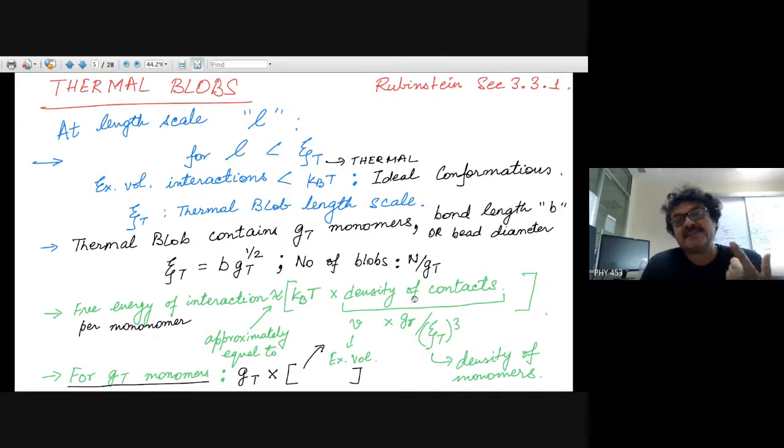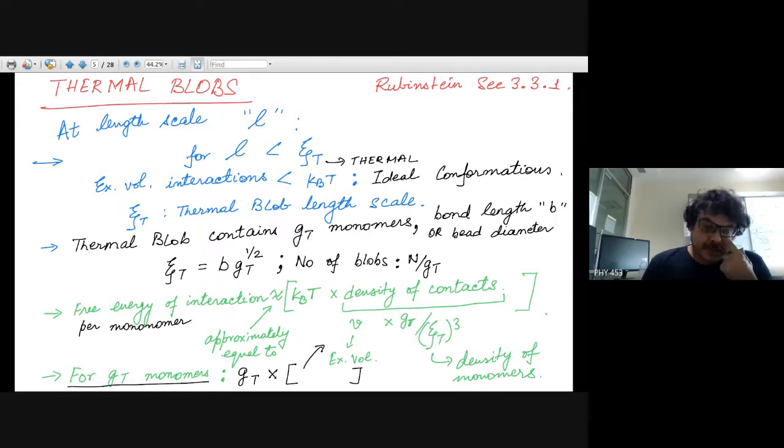That's equal to the density of contacts. If the contact density is very low, where there's a very low probability of two monomers coming in contact with each other, then the mean energy will be less than kBT.